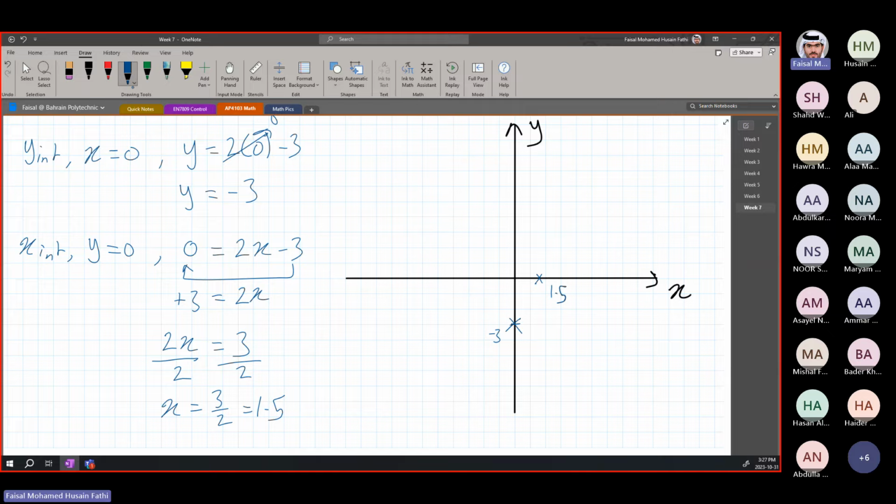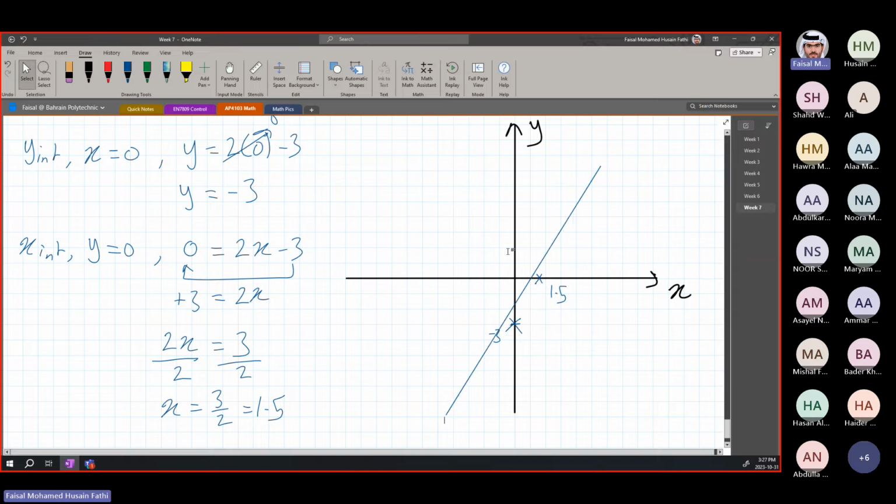Now we just draw a line through the points. It will be approximately like this. Rotate it a bit more. Okay. So we drew our line.